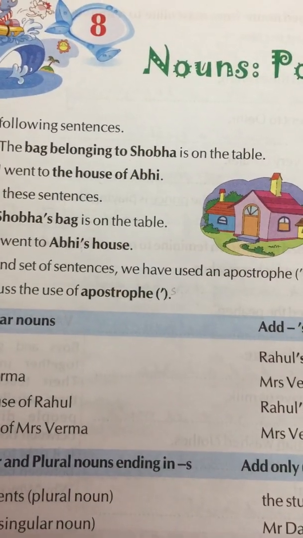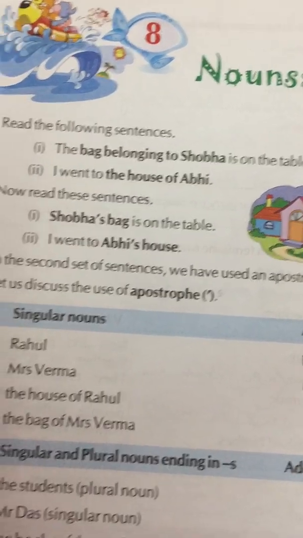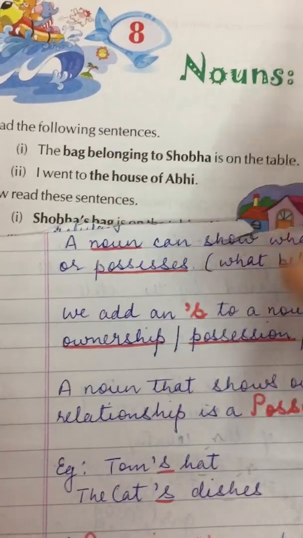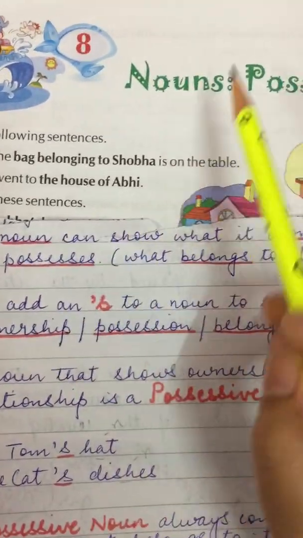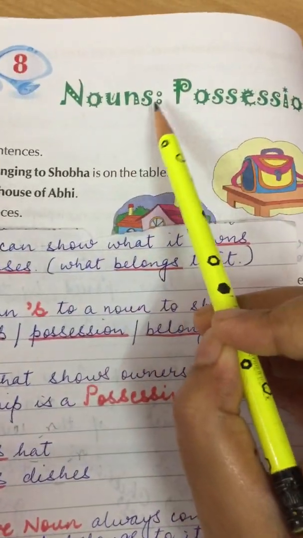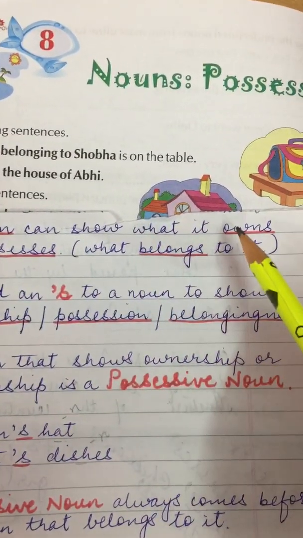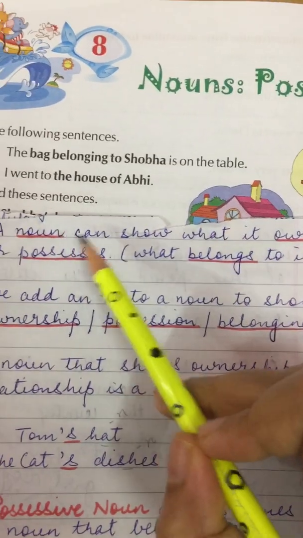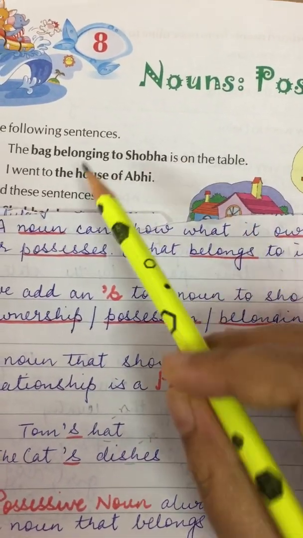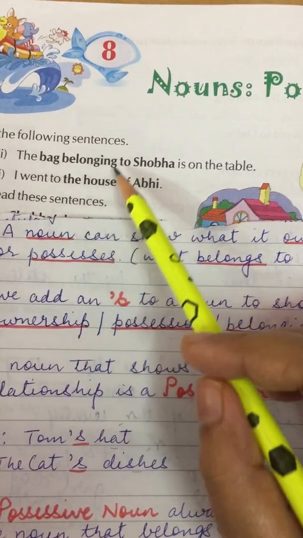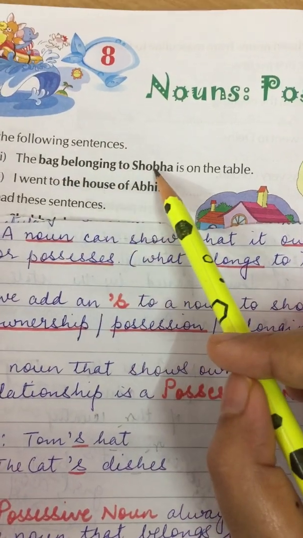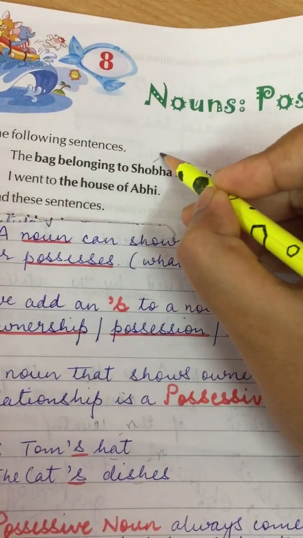So, now, let us read here. We have started this chapter, nouns possession. A noun can show what it owns. In the first sentence, we saw it. The bag belonging to Shobha. Shobha is the noun.